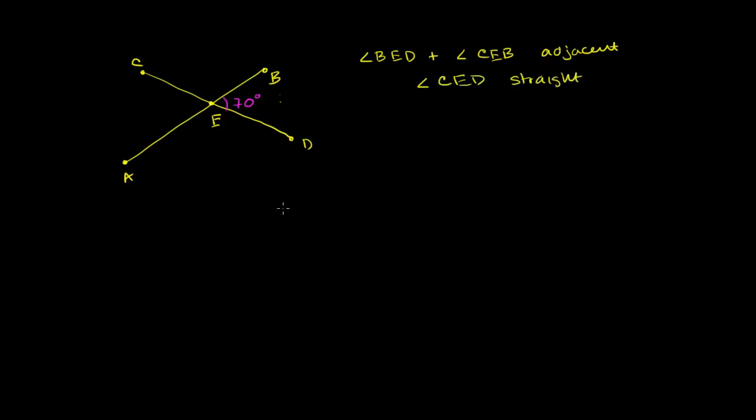So we know that these two angles must be supplementary. Angle BED and angle CEB are supplementary, which means their measures add up to 180 degrees.